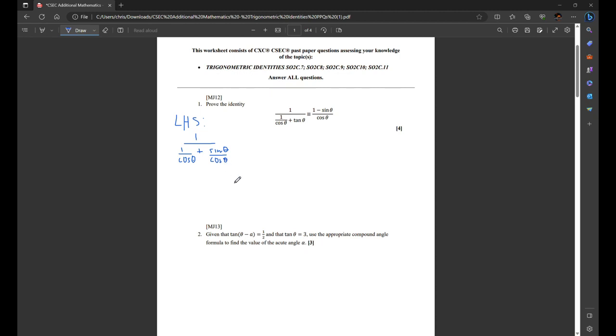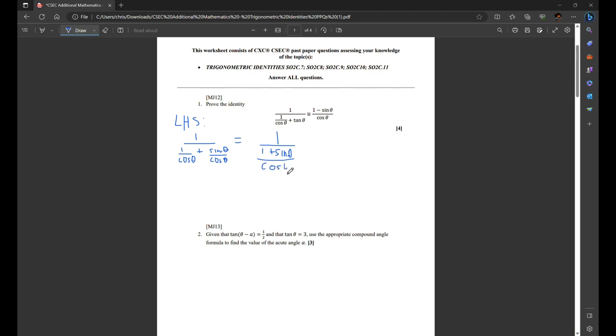Okay, so with that now, since we have the same denominator for these two, we can rewrite that as one fraction. So we can rewrite this as 1 over 1 plus sine theta, oops, that's not an S, 1 plus sine theta all over cosine theta.